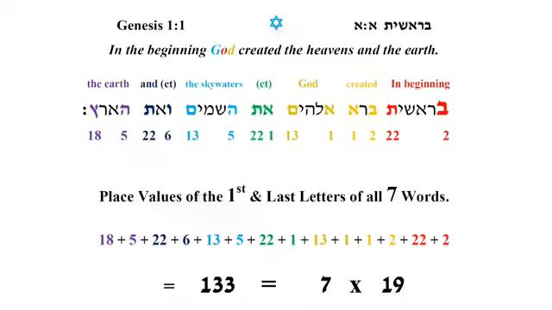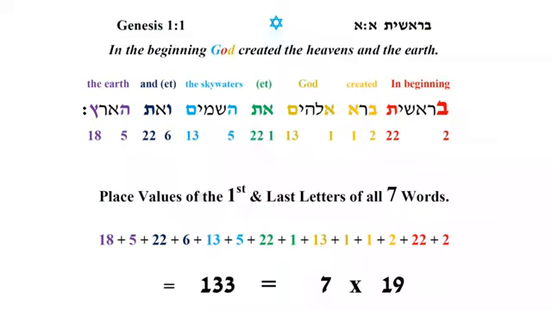And I do encourage you to go back and watch the first one to see how many 7s we had hidden in there. And we didn't even show you all of them. But here's one that I didn't show you last time. If you take the place value of the first and last letter of every word in Genesis 1:1, the place value is just where it is in the alphabet.